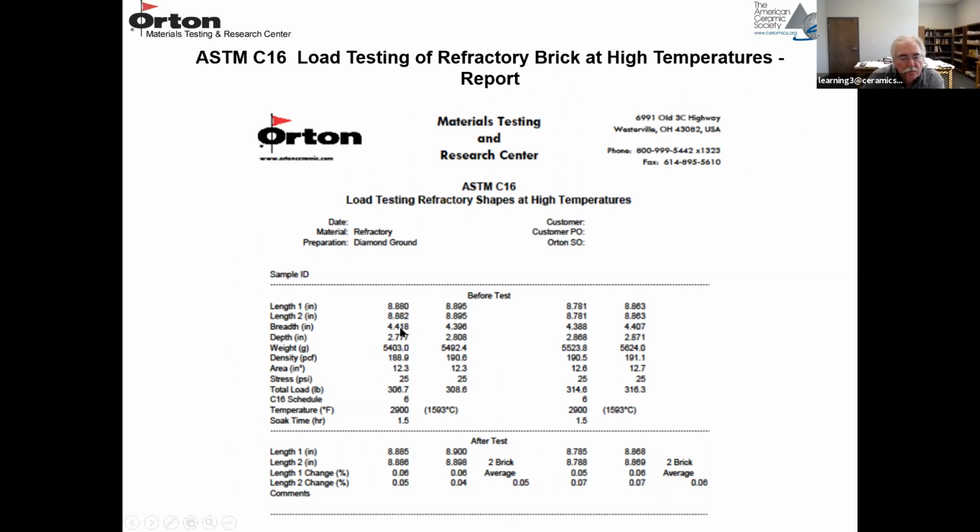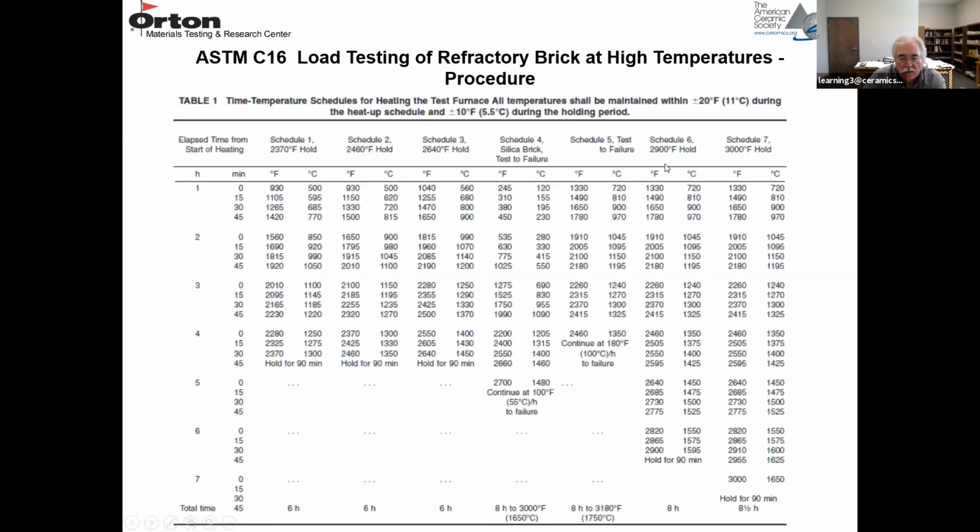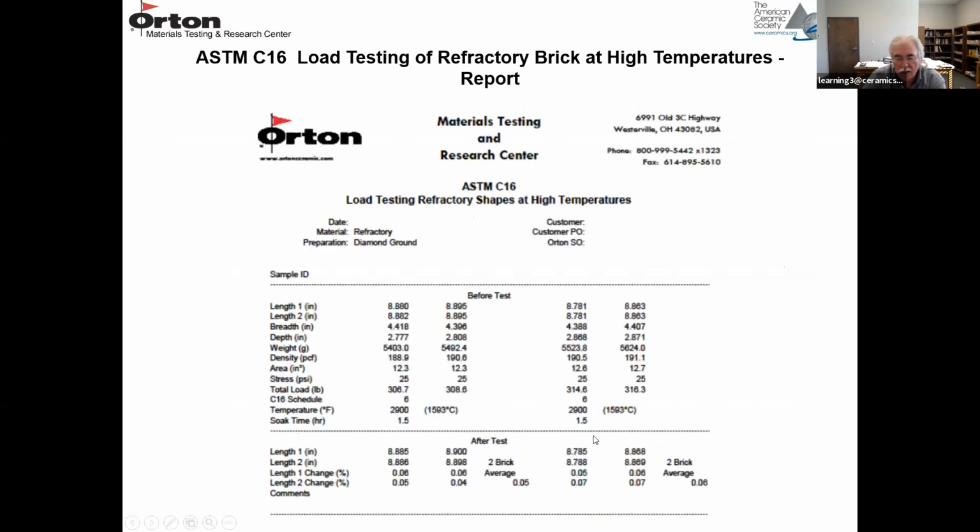It's about 4.5 inches wide by a little less than 3 inches thick. You get the weight and calculated density, and this is the density usually for a high alumina brick. For the area, you want a 25 psi stress. That's the load to give you the 25 psi stress on this area. This was run with schedule number 6, which is this schedule to 2900.